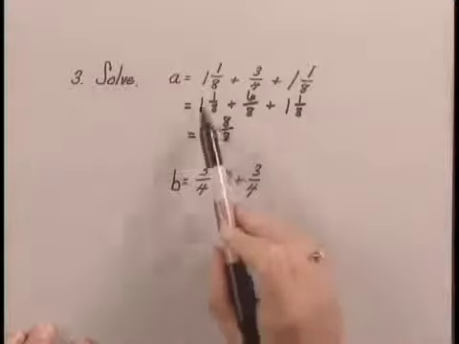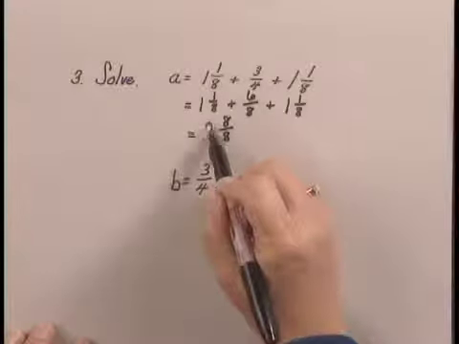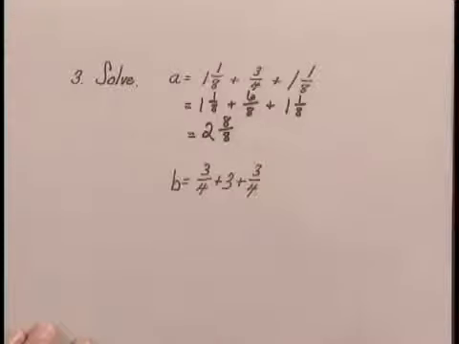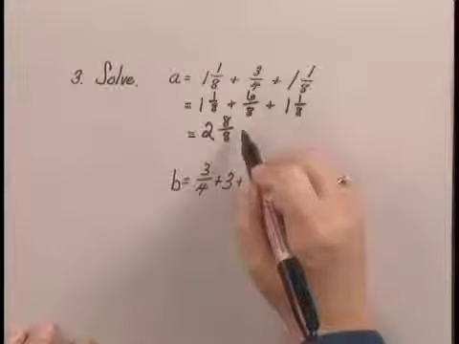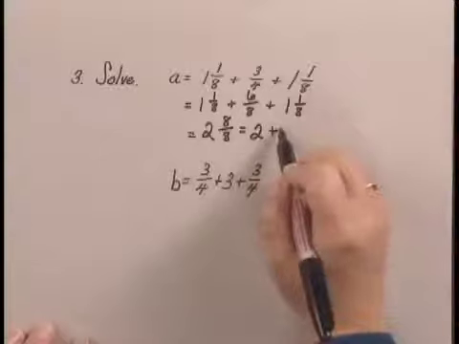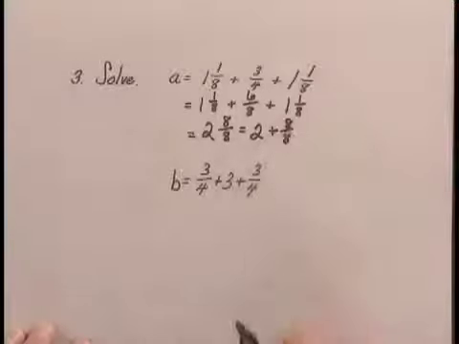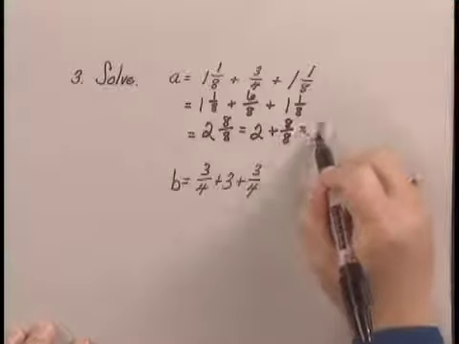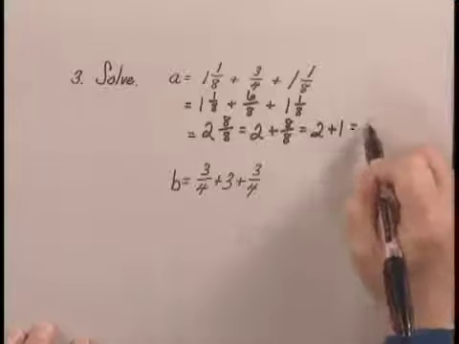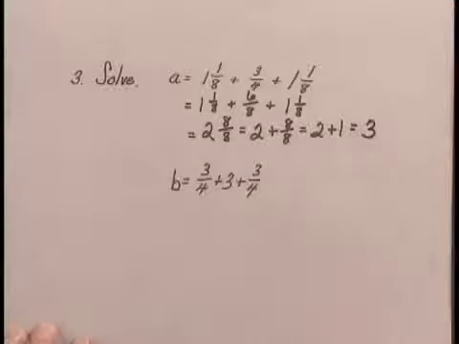And the whole number parts, 1 plus 1 is 2. Now 2 and 8/8 really means 2 plus 8/8, and 8/8 is 1, so that's 2 plus 1, or 3. So we have 3 for the value of A.